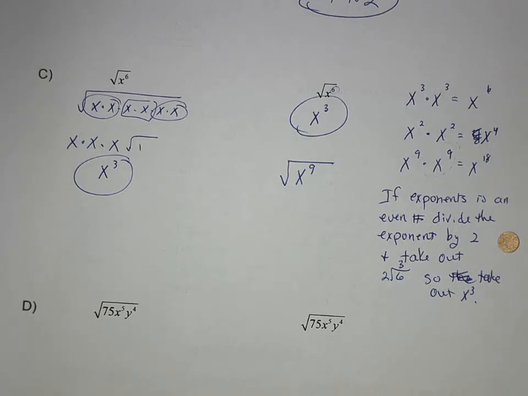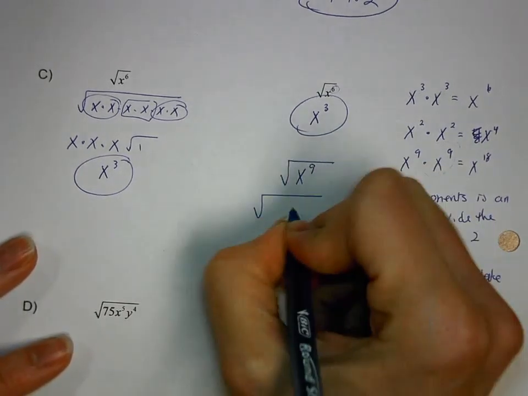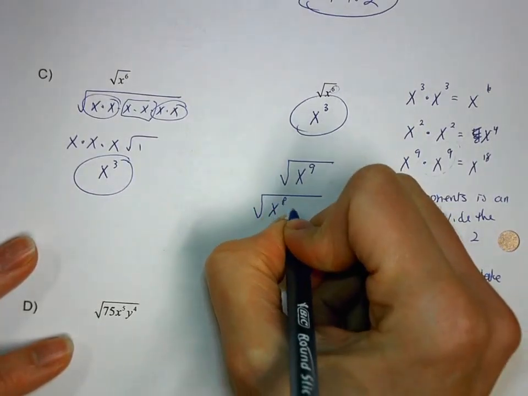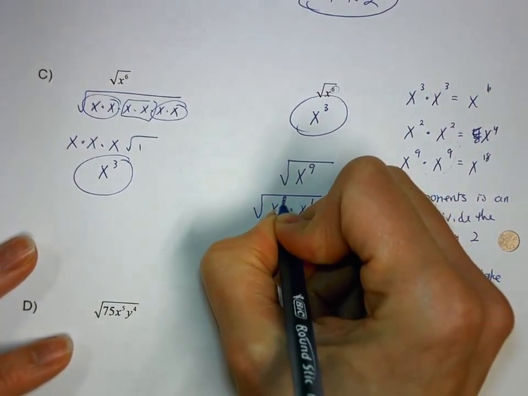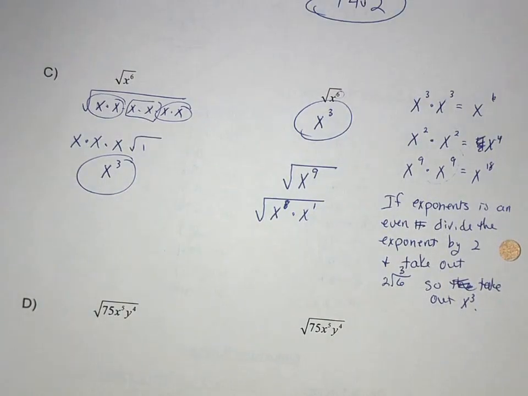No. But there is a perfect square number I can factor out. Can I rewrite it as x to the 8th times x to the 1st? Do they multiply together to give me x to the 9th?